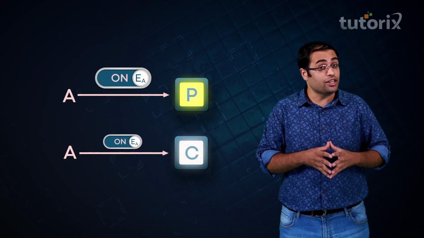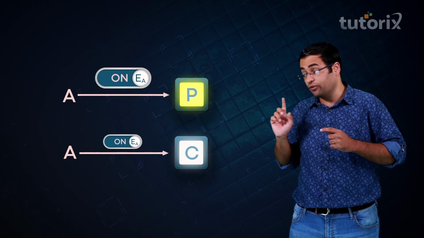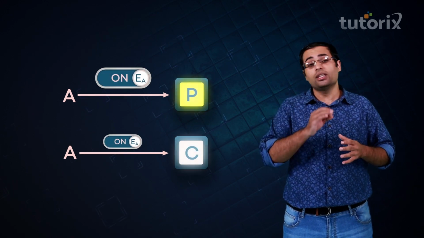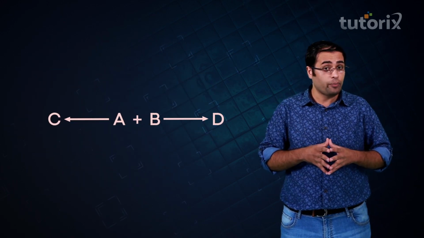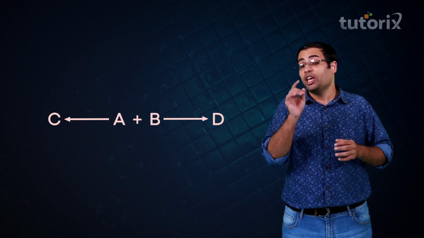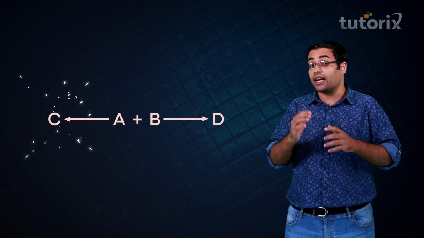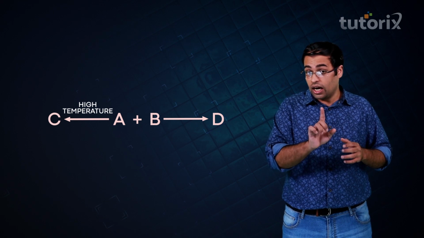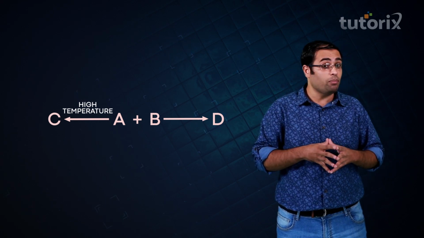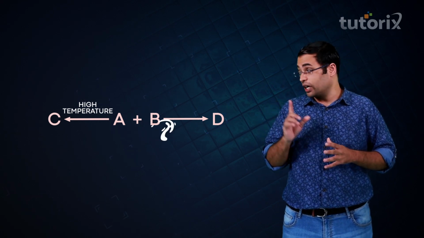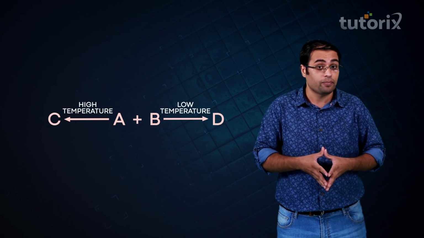So now first let us try to understand how different activation energies lead to the formation of different products. Let us take the example of this reaction where reactants A and B lead to the formation of product C at high temperature, but the same reactants A and B lead to the formation of product D at low temperatures.